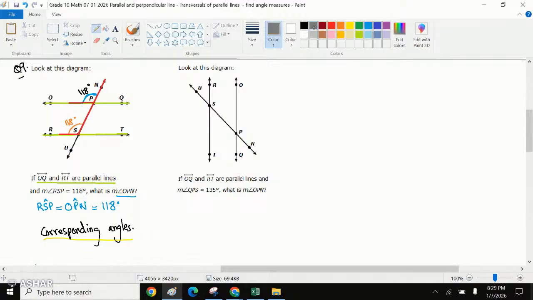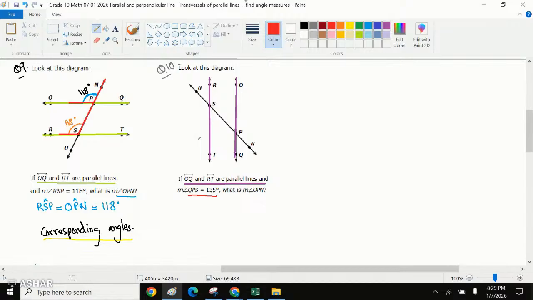So question number 10 says, we have a pair of parallel lines, that is RT and OQ, okay? I just labeled it over here, RT and OQ. The given information that we have is QPS.